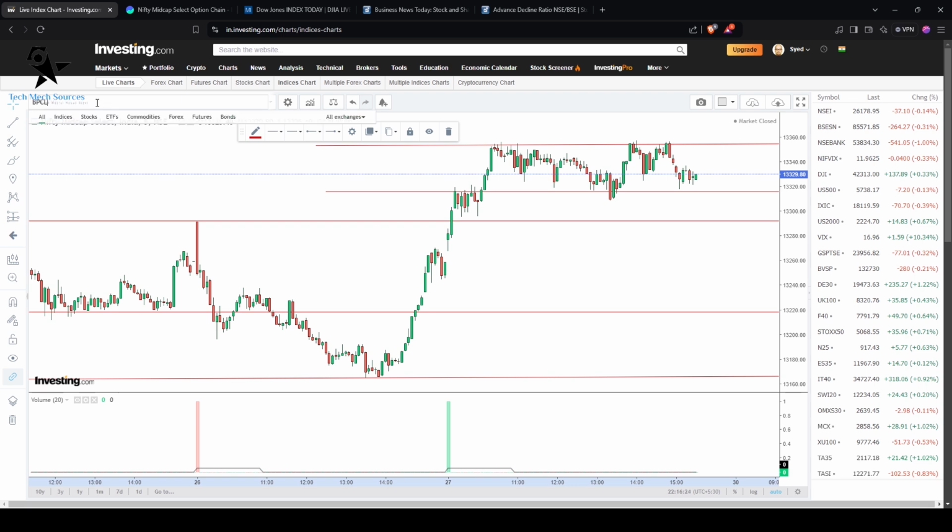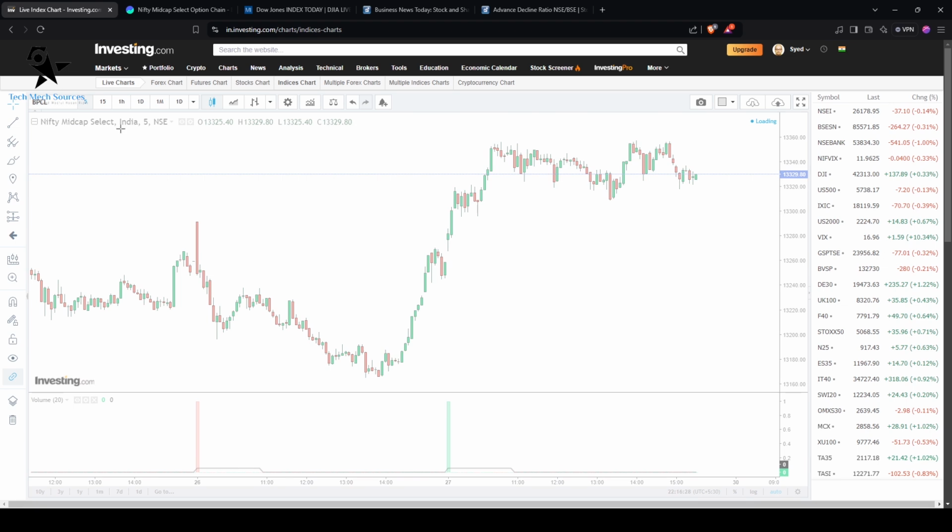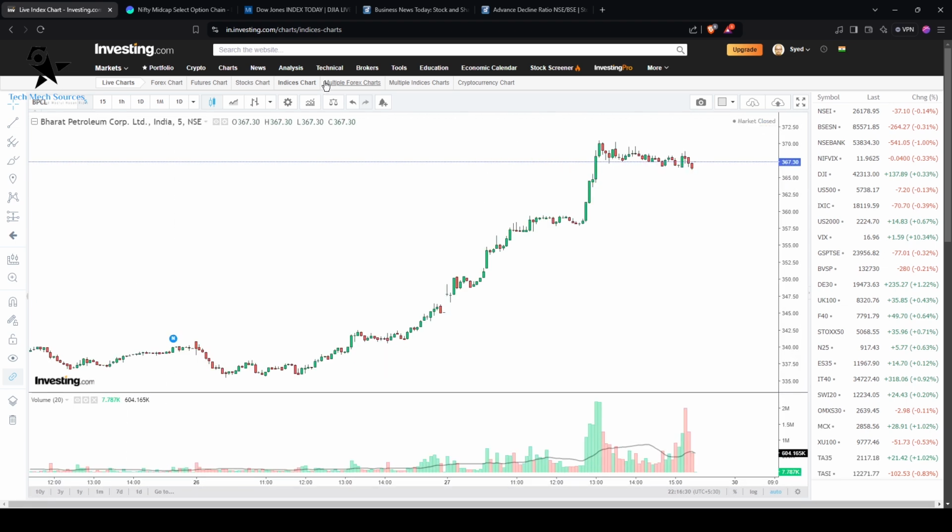So let us take BPCL for example here. BPCL has big options, the size of the lot is very high.